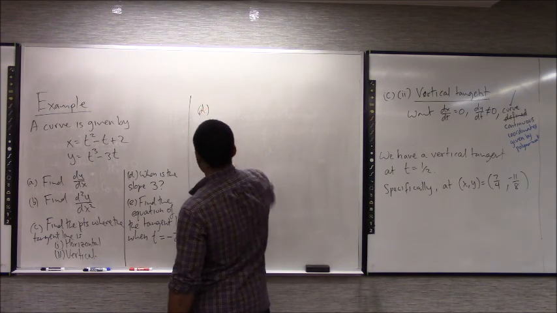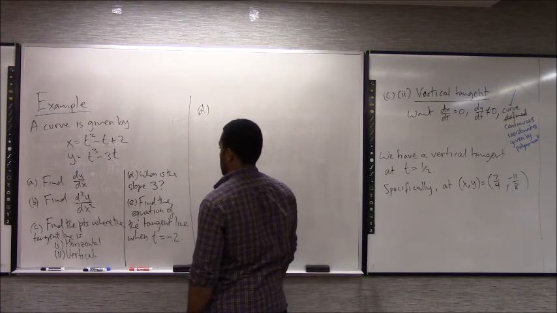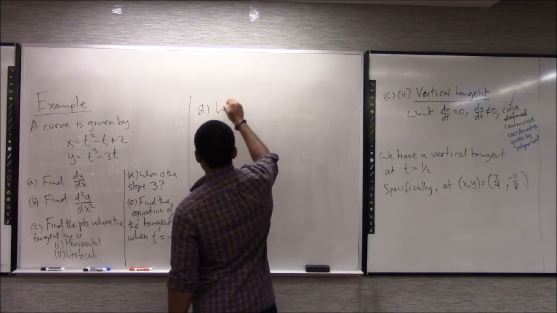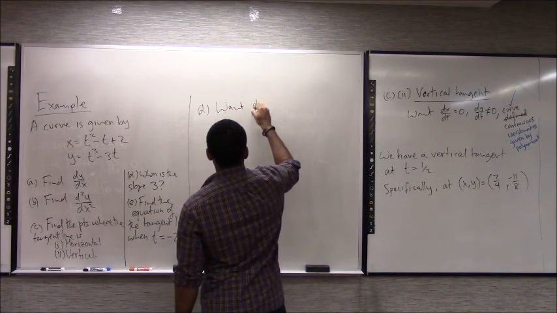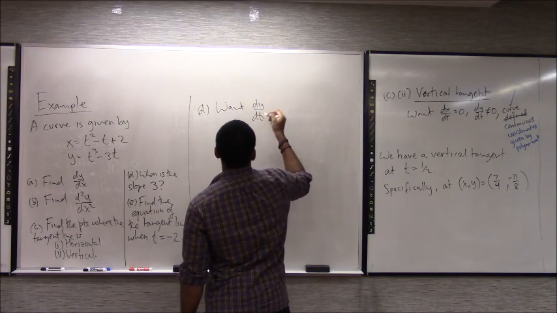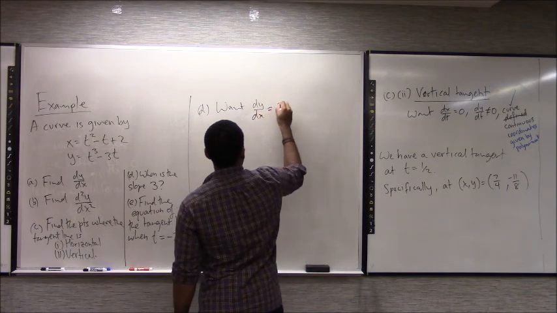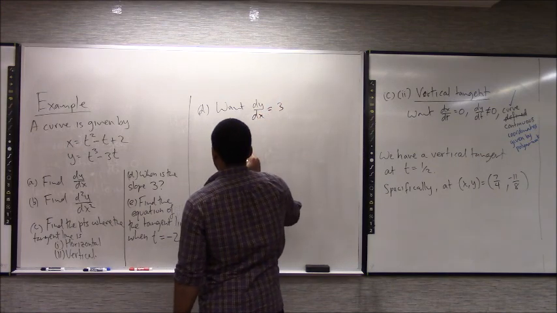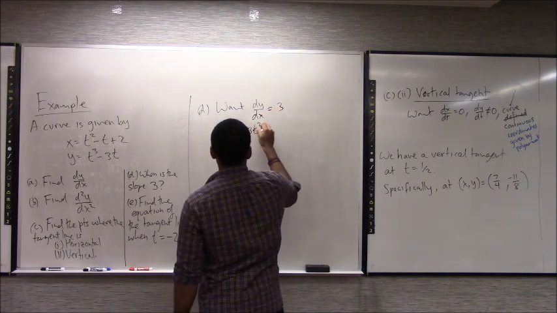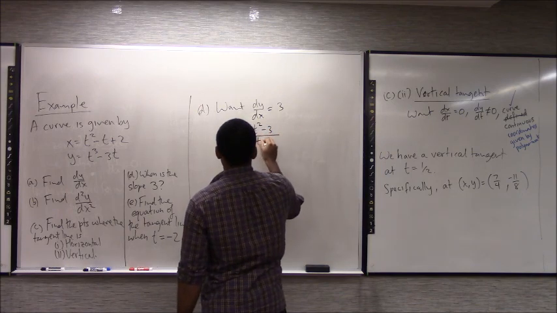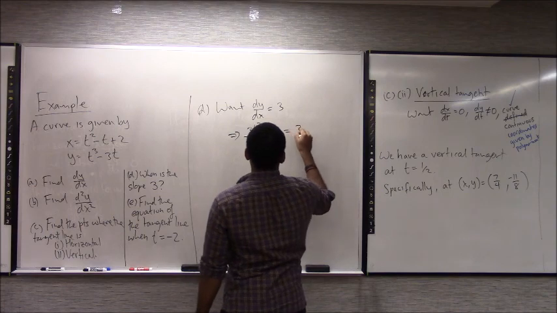You'd have to do 3t squared minus 3 over 2t minus 1, dy over dx equals 3, and solve for t. Now dy/dx is just dy/dt, 3t squared minus 3, over dx/dt, 2t minus 1, equals 3.